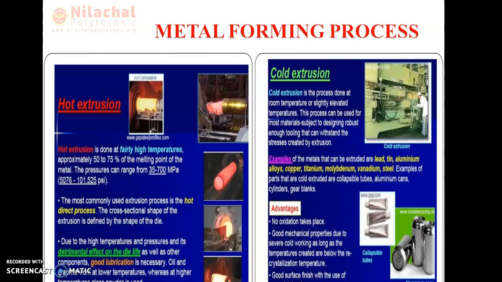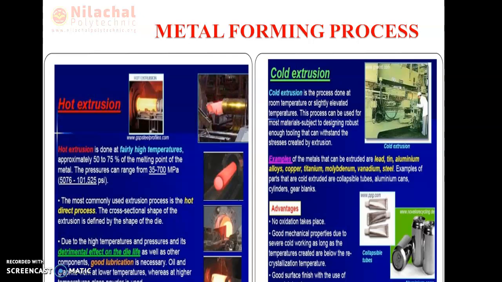Now some advantages of cold extrusion: no oxidation takes place. We are not heating the billet to its recrystallization temperature, so there is no chance of any oxidation. There are good mechanical properties due to severe cold working, as long as the temperatures created are below the recrystallization temperature.